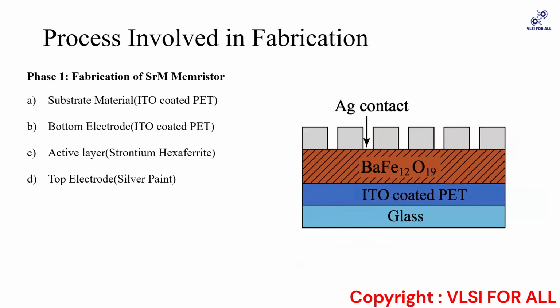So firstly, what are the processes involved in this fabrication? In the first phase, we are going to create a base, and then ITO-coat it with the amount of barium hexaferrite which has to be deposited. We can consider it in terms of time. Firstly, we can check the time because that's the easiest way.